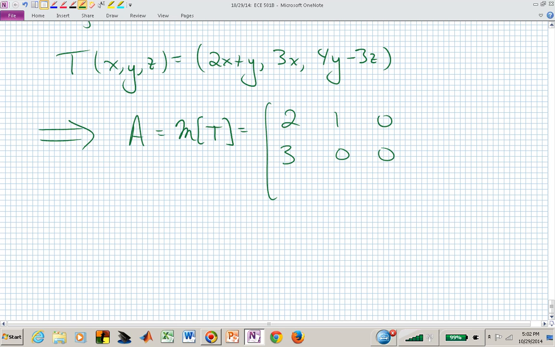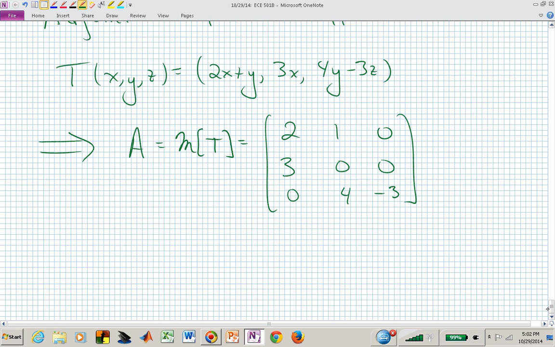Third row? Did we do that right? Does that look okay? Just taking that linear map T into its matrix representation. Is that okay?